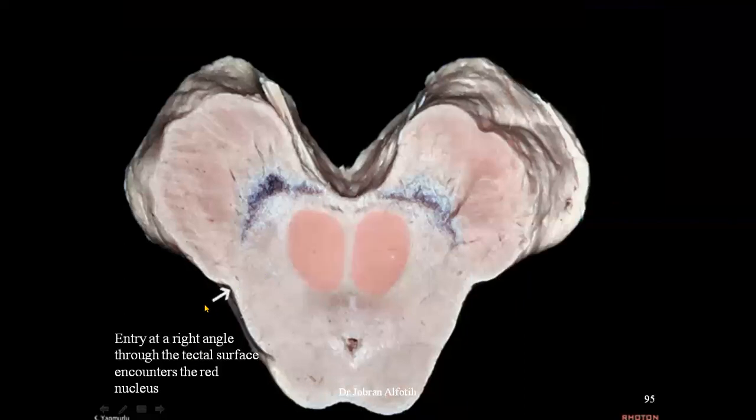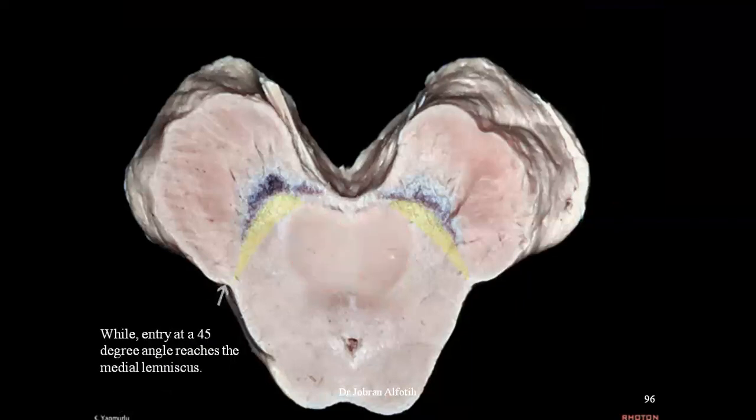If you enter the lateral mesencephalic sulcus at a right angle, we will only encounter the red nucleus.